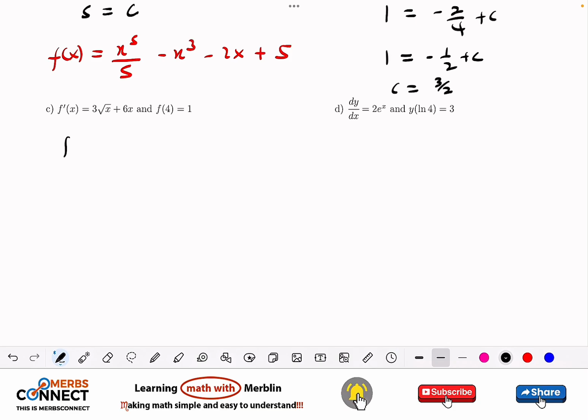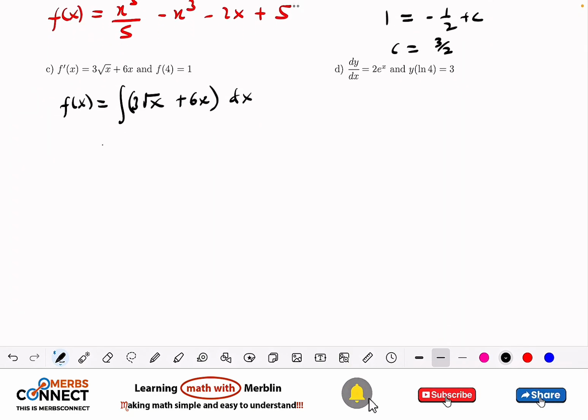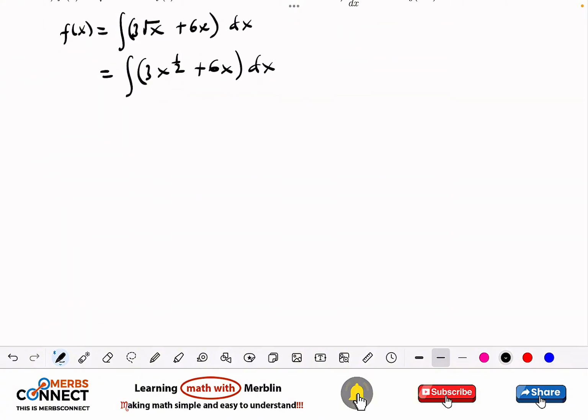Now when I integrate f prime, I have f of x, integrate this plus 6x dx. So let's try and simplify before we do it. So 3x to the power 1 over 2 plus 6x dx. So let's go through the integration.